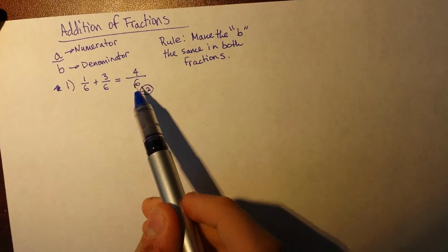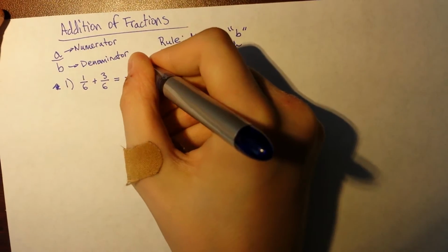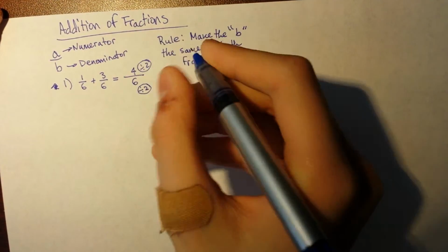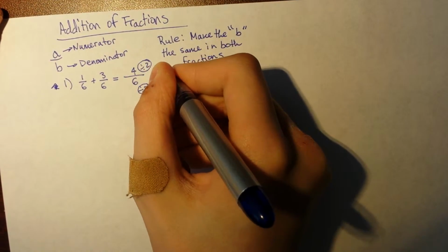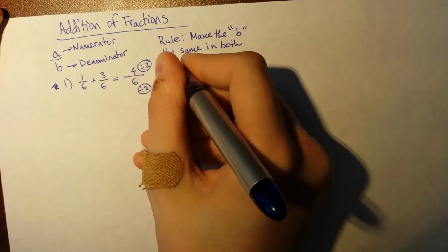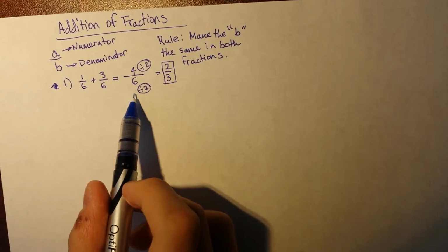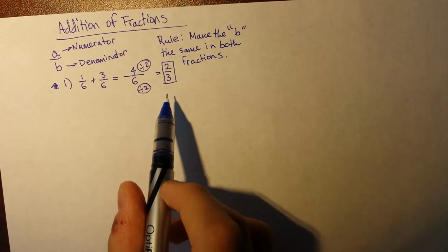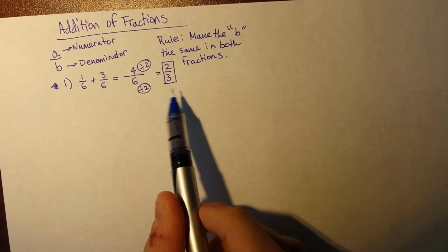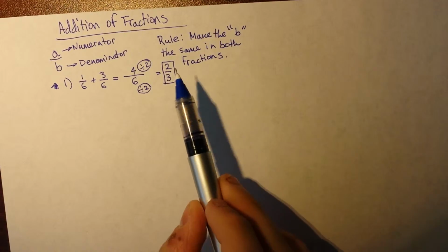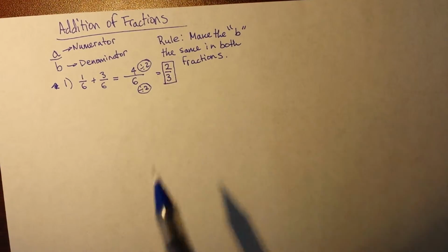So if we divide this by 2, we have to divide the top part by 2 as well. So our final answer in simplified form is 2 over 3. This is correct, that this is the answer, but this is the simplified answer, and most places will require you to write your answer in this form.